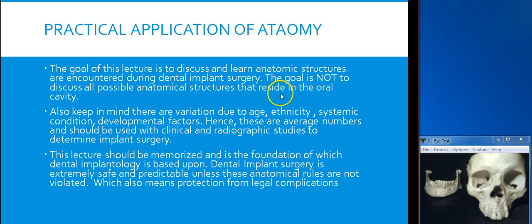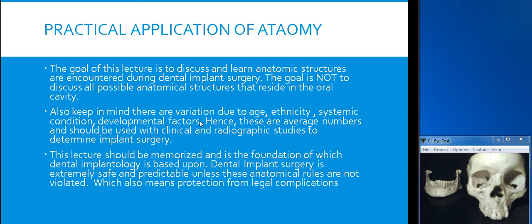But that being said, you also have to keep in mind that the numbers that we're going to provide today, after the literature review we gathered up for you guys, still vary. In anatomy, as you know, there's a lot of variation, a lot of diversity.